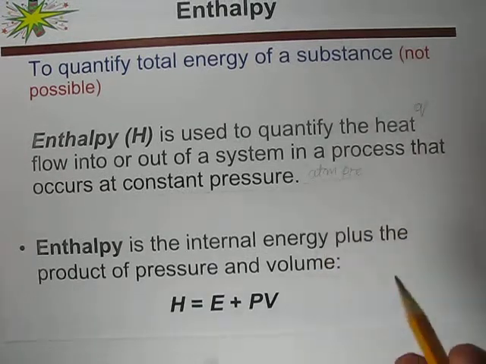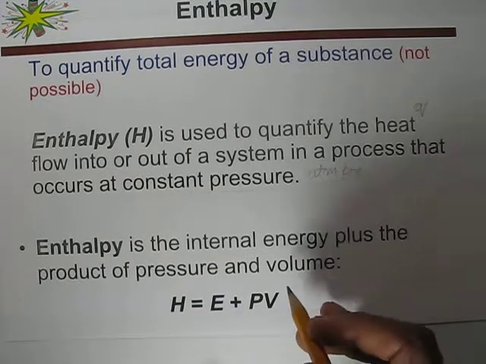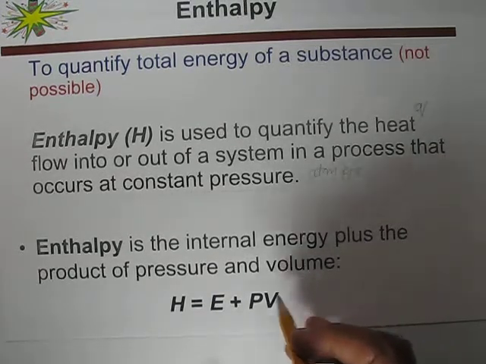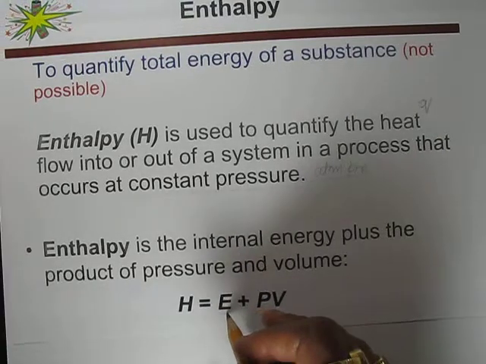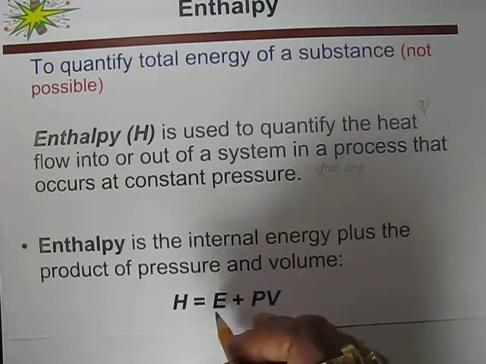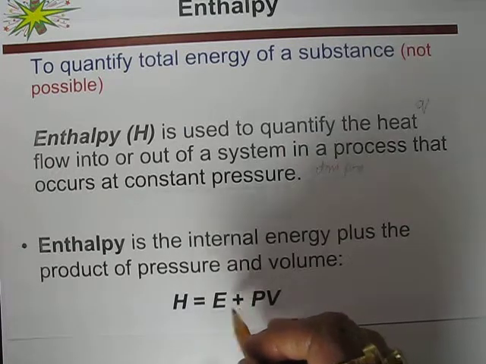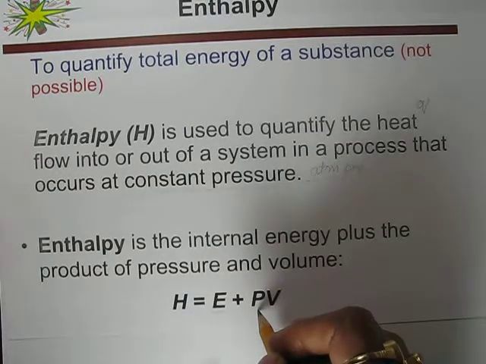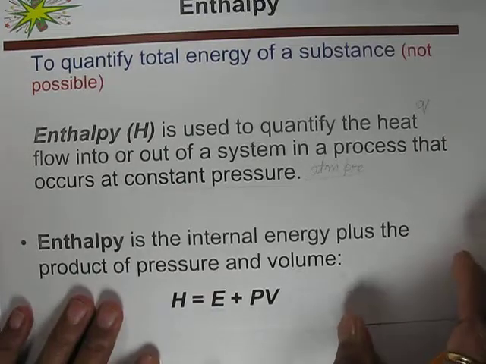So how do we measure the enthalpy? Enthalpy is basically internal energy E and the product of pressure and volume. So enthalpy is equal to the internal energy of a system plus pressure times volume.